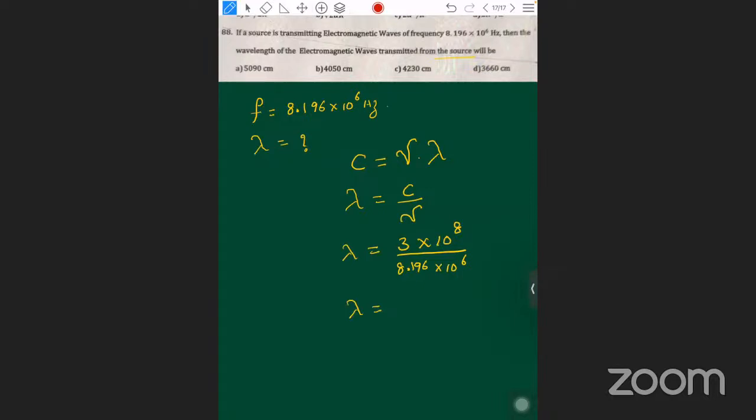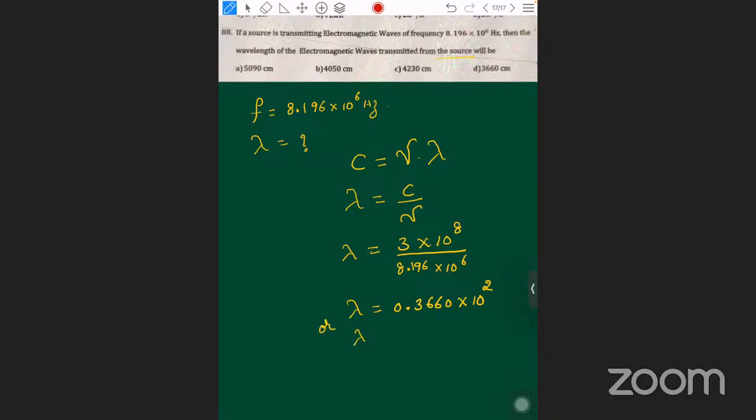So lambda will be equal to what? It is 10 power 6 they have given, right? So 3 divided by 8.196 is 0.3660 into 10 power 2, since the 6 comes to the numerator, 8 minus 6.